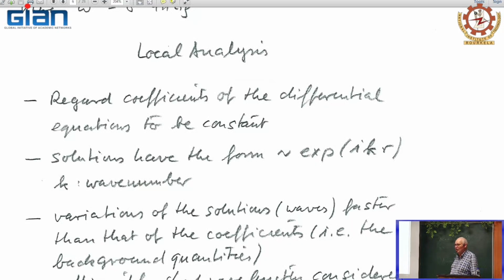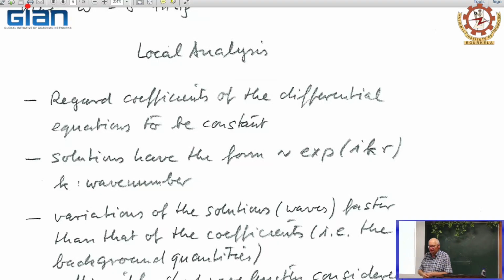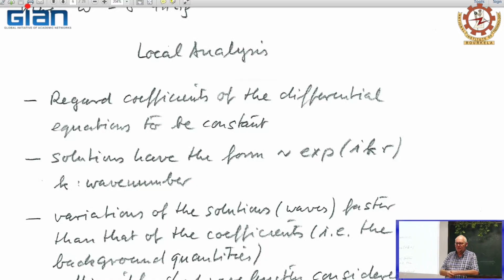We would have to impose a boundary condition at the very center and at the very surface. Of course, when going from the very center to the very surface, the condition that the variation of the solution is much faster than that of the background is no longer valid.